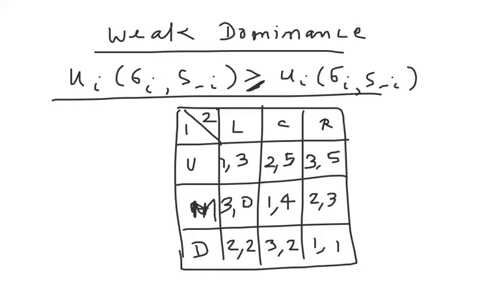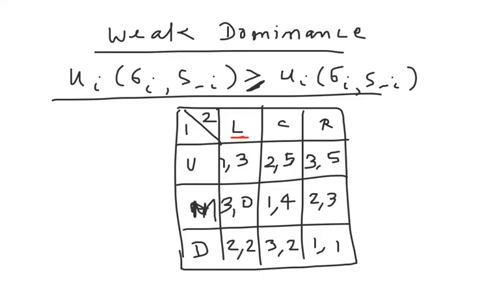So we can clearly see, scanning across columns for player 2, you can eliminate L right away, because L could be dominated by C or R when player 1 chooses up, and it's dominated by C and R both when player 1 chooses middle.